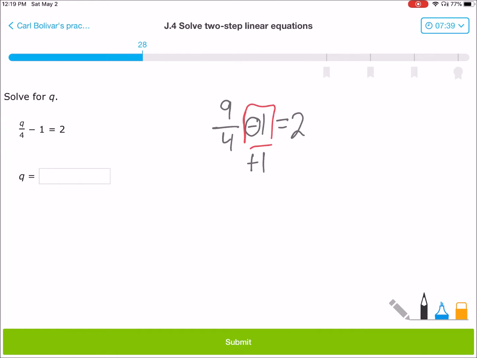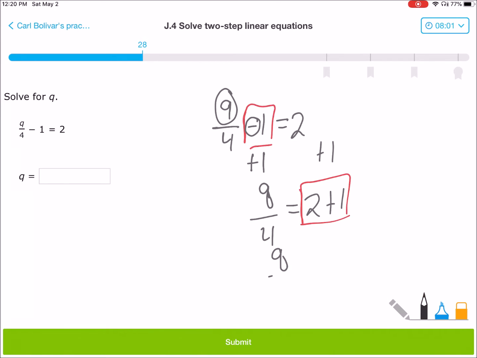So let's add 1 to each side. This will give you q over 4 is equal to 2 plus 1. Then we simplify. So then this will give us q over 4 is equal to 3.